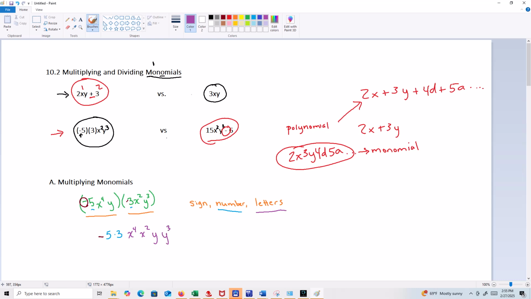Now that we've sorted it like this, we can go ahead and multiply. 5 times 3 is 15. X to the 4th times x squared would simply be x to the 4 plus 2. And then y, which has an implied 1, so 1 plus 3. That equals negative 15 x to the 6th, y to the 4th.